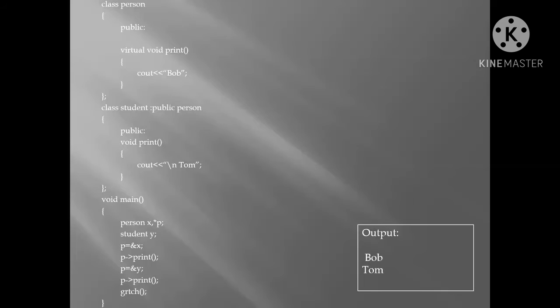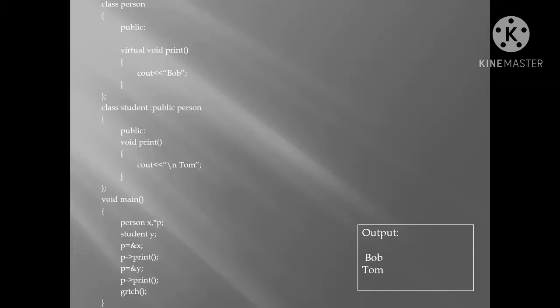Now I have created objects of both the classes, that is person class and student class. I have created two objects of person class. First object is X, that is a normal object, and second one is P, that is a pointer object. Now why do we need a pointer object?